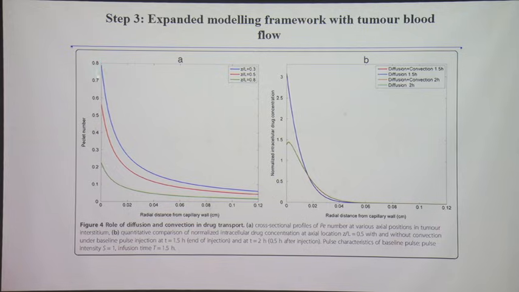What that means is both convection and diffusion are very important at this point. And then as you move away from the capillary wall, the convective effect is reduced. But still, within this range, both convection and diffusion need to be accounted for.